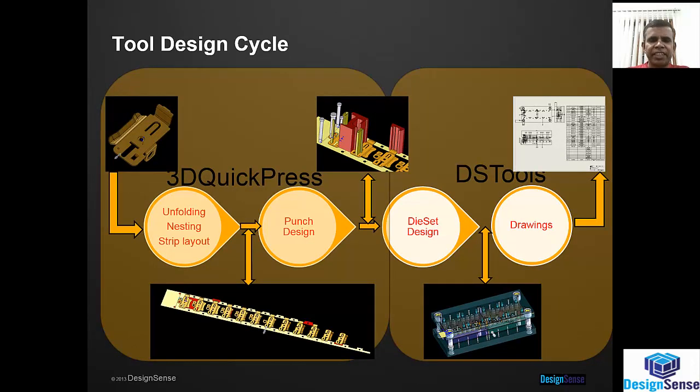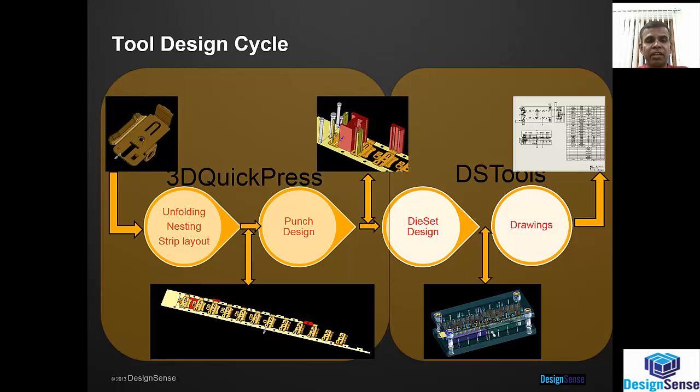The first complexity that a tool designer faces is that die set design requires a very good understanding of tool design as such. It's primarily about deciding whether to have a single die set or a double die set or a triple die set, how many guide pillars are required, what kind of force is required.